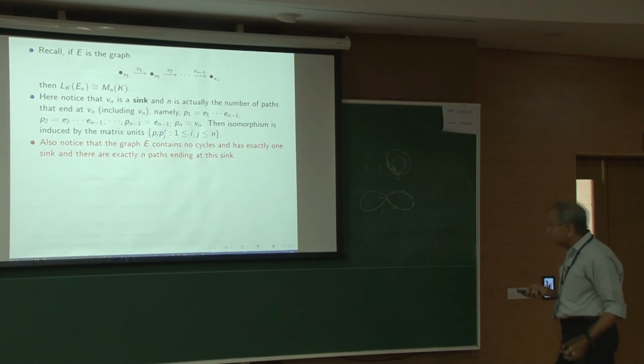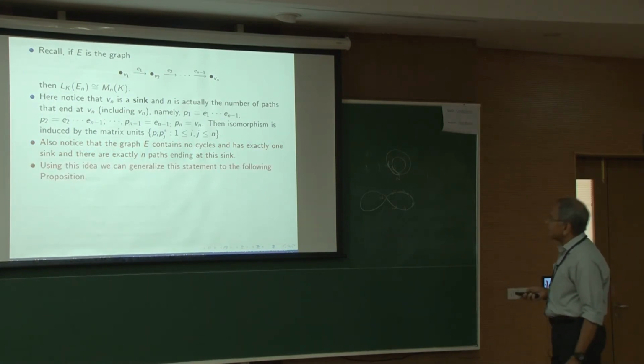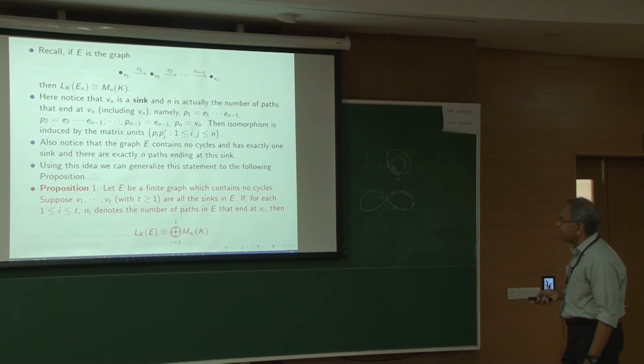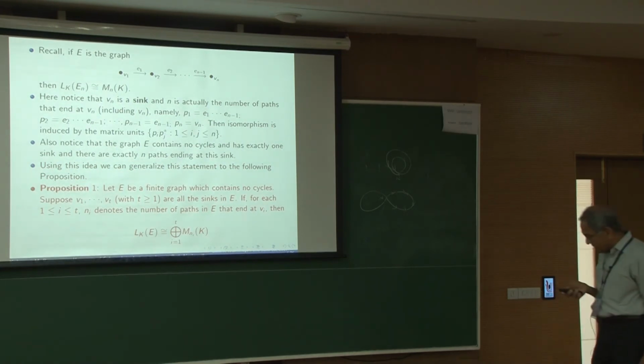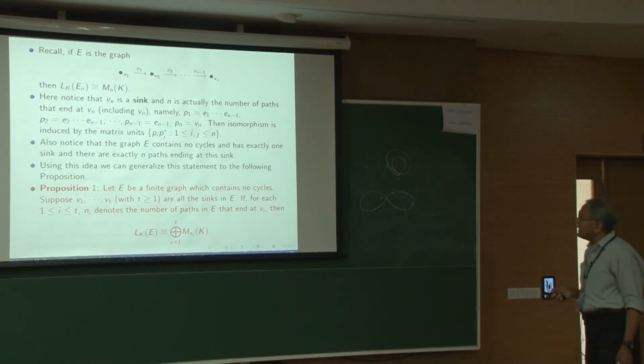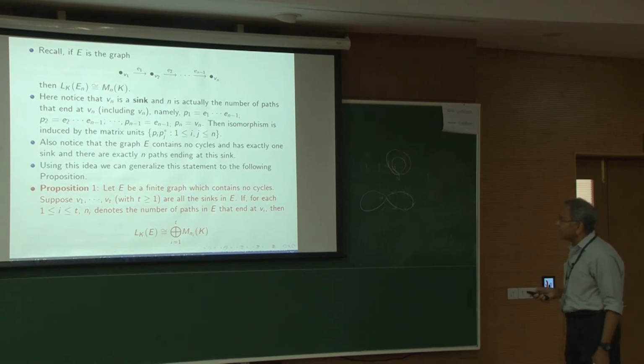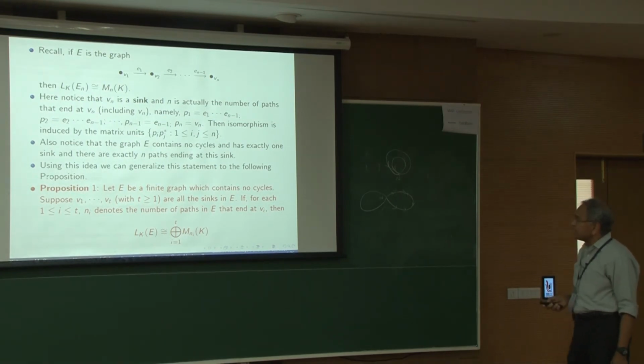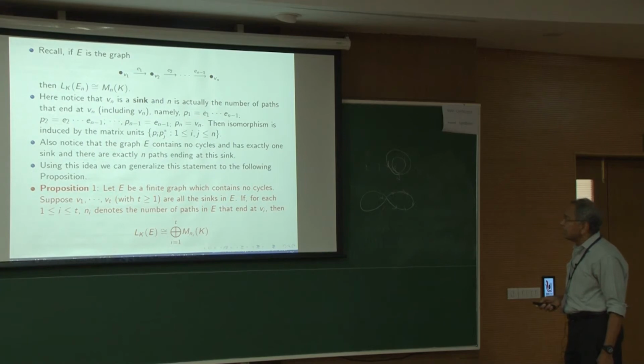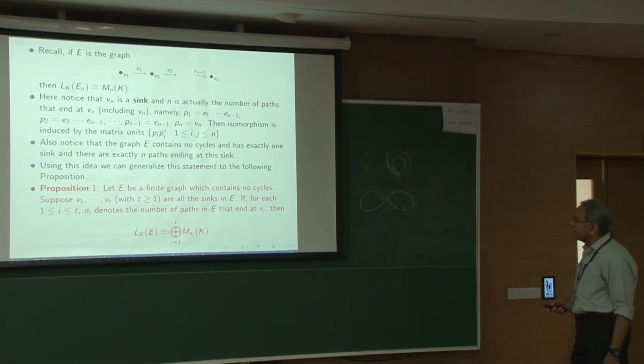So the same idea can be generalized to get a proposition. For instance, if E is a finite graph that contains no cycles, suppose it has exactly, say, T number of sinks. And suppose that for each sink v_i, there are exactly n_i number of paths ending at it.